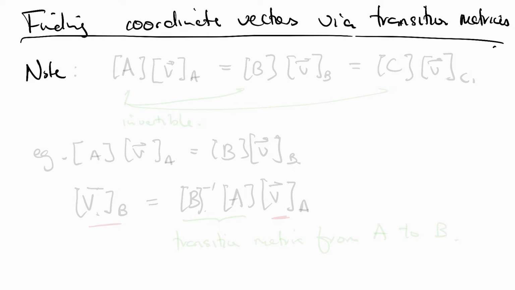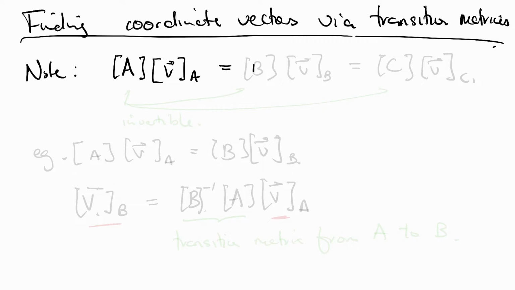Here's what I want you to note. The matrix made where the columns are the vectors in the basis A times the coordinate vector with respect to A is the vector in question.